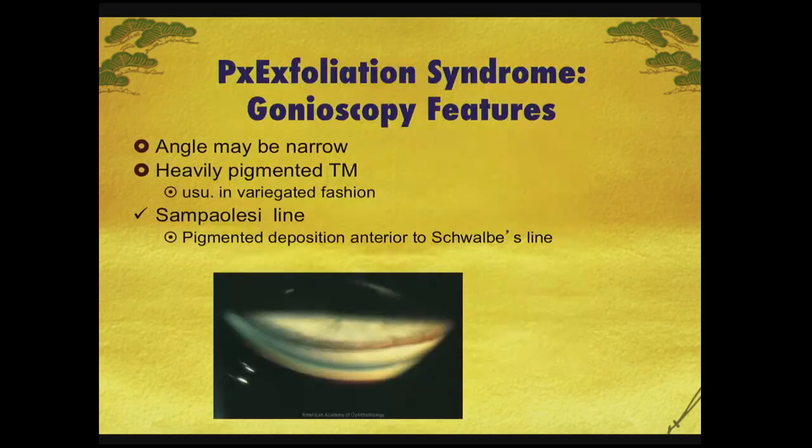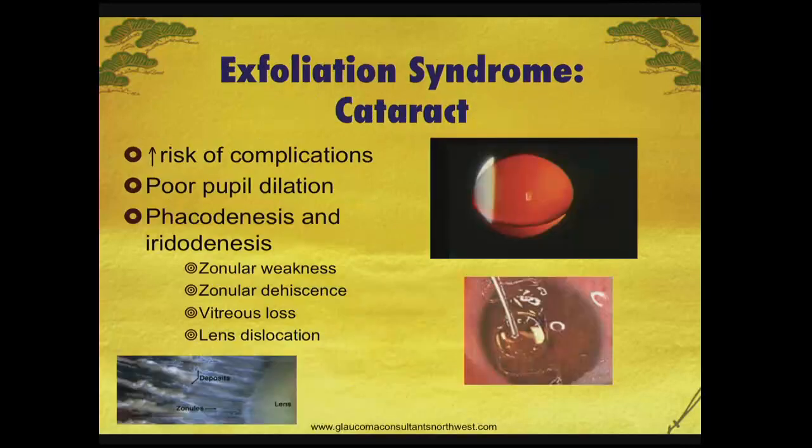This is the typical kind of transillumination you see with pseudoexfoliation. It's peripupillary. Other findings, the angle can be narrow because the zonules are weakened and so the lens can move forward. The trabecular meshwork can be very heavily pigmented in these eyes. And then they can have a Sampaolesi line, which is just pigment deposited anterior to Schwalbe's line.